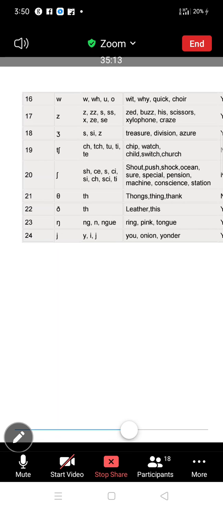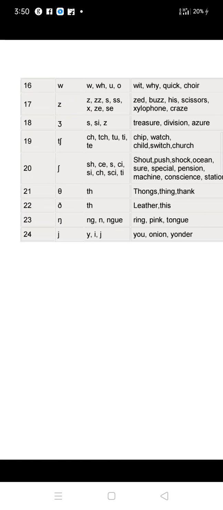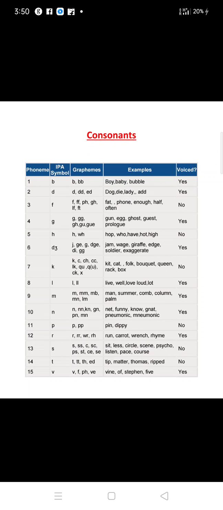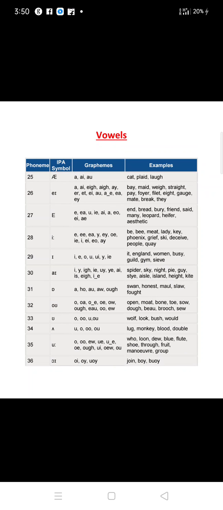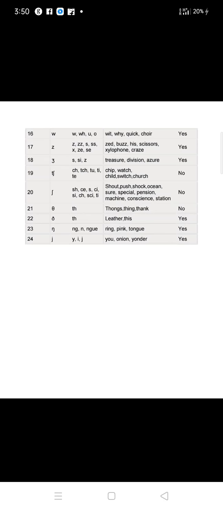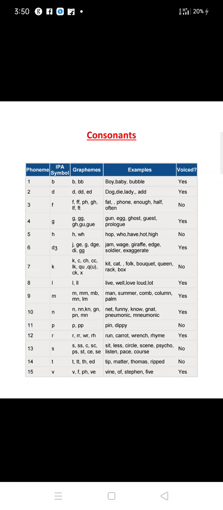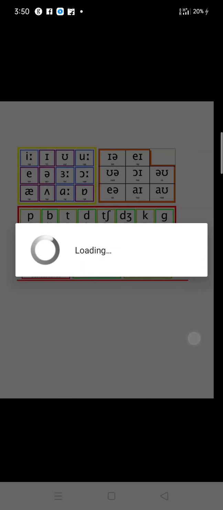The word water. The first sound is, see here, number 16. W. Number 16.